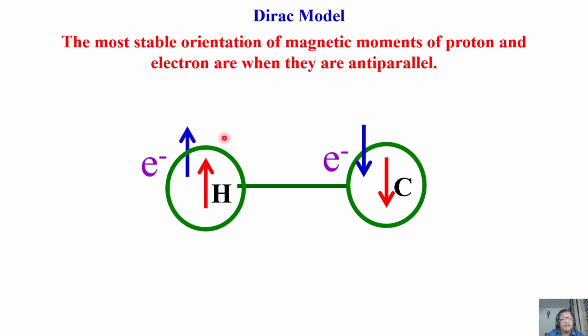Then I said, according to the Pauli principle, this electron and this electron are paired, and as a consequence of this electron being down, this proton has to be up. Or this is as good as telling that they are opposite because the magnetic moment of the electron is negative. Again, you don't have to write it up.